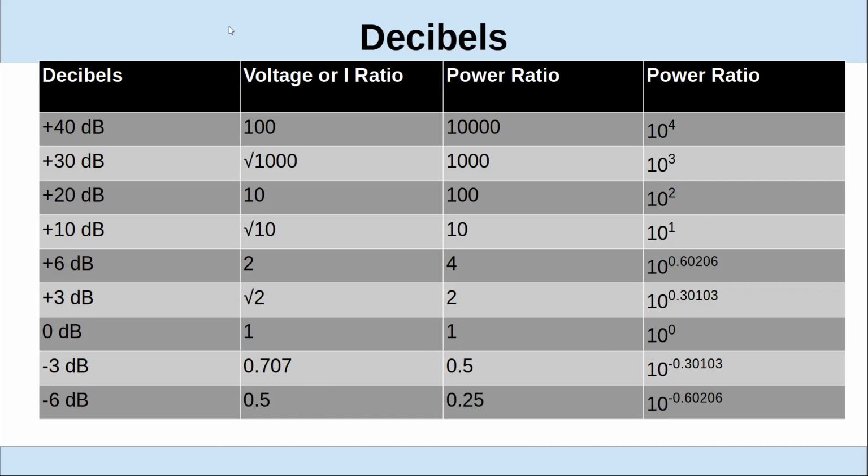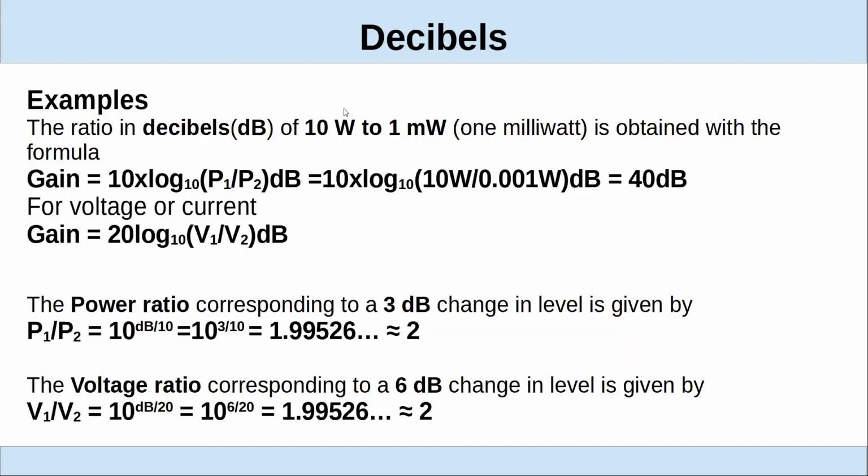Any questions on decibels? All right. So if we want to know the gain, let's say, or loss in decibels of 10 watts to a milliwatt, then we do the formula and we plug in 10 watts over a milliwatt, and it's going to come out to be a ratio of 10^4, times 10.